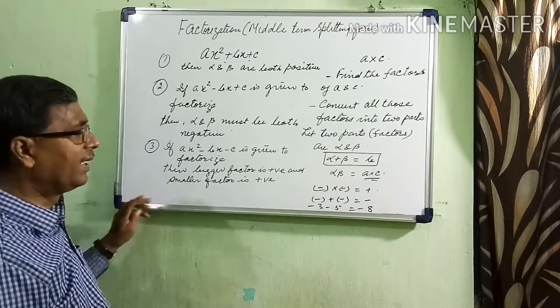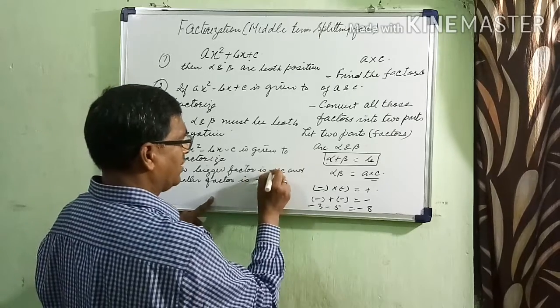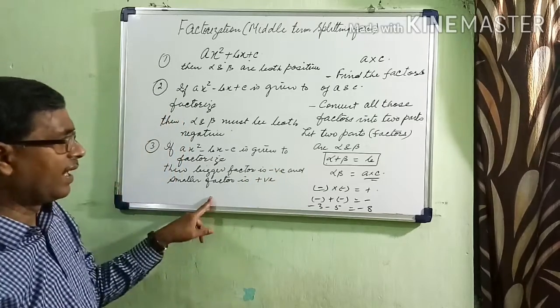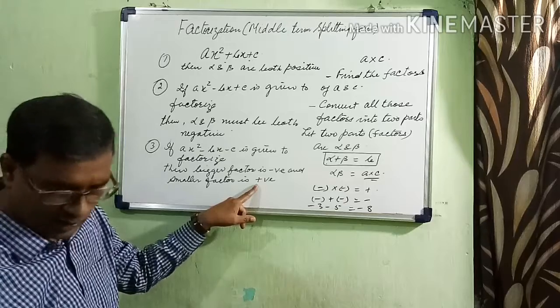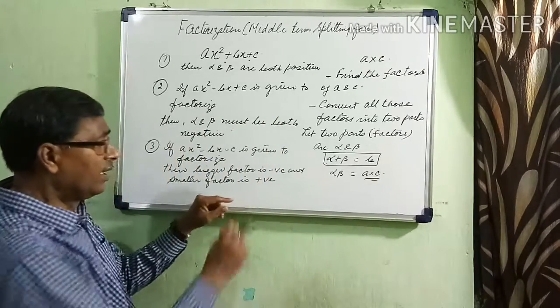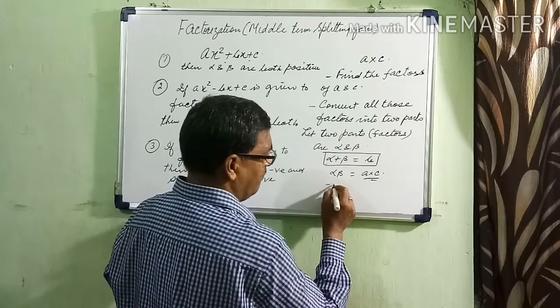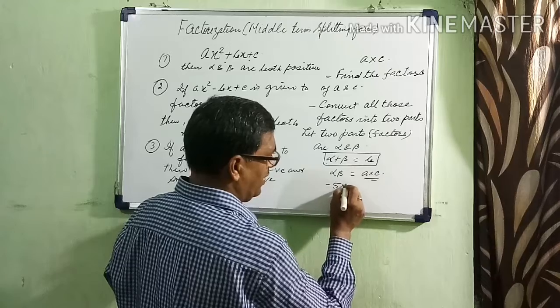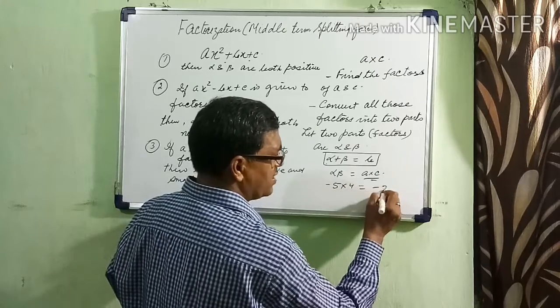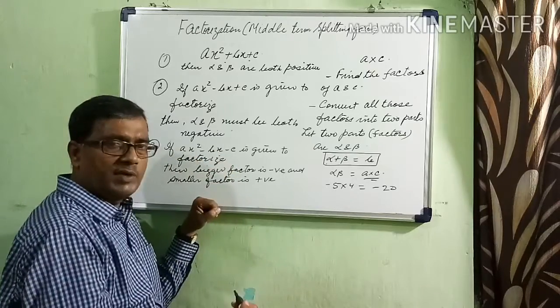Why is it so? Same example: minus 5 into plus 4 is minus 20. Is c negative or not? Because this into this will be negative ac.